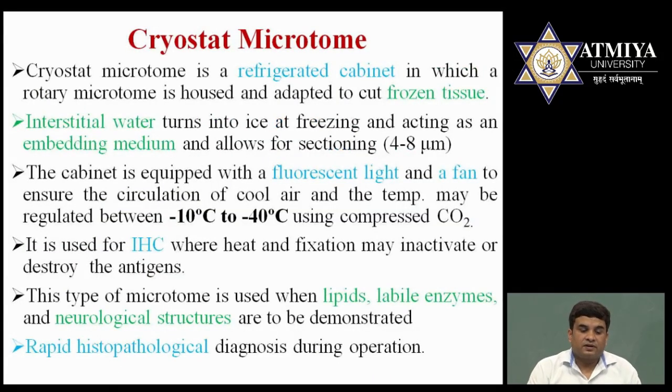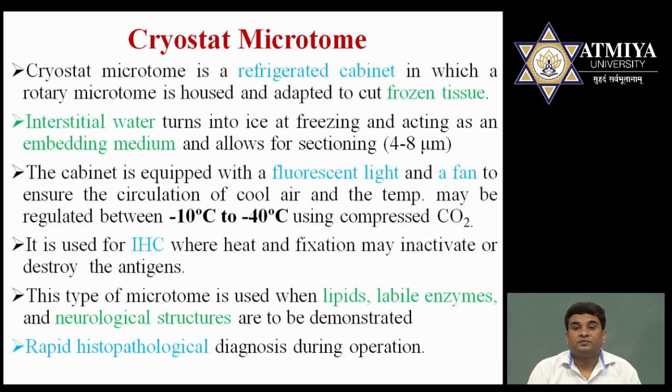Now this is another type of microtome. This is the cryostat microtome. This cryostat microtome is just like a refrigerated cabinet in which the rotary microtome is housed, and it is adapted to cut frozen tissue. As you know, the tissue contains some water, and the water becomes ice at its freezing point. So the ice itself works as an embedding medium and allows sectioning.